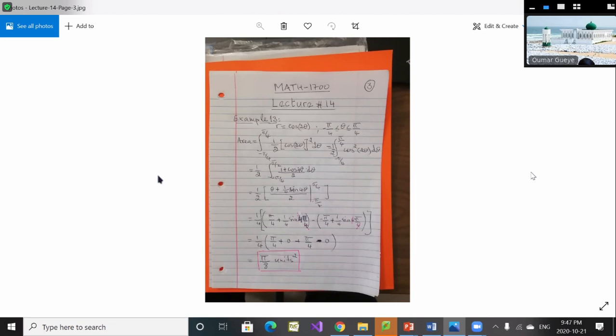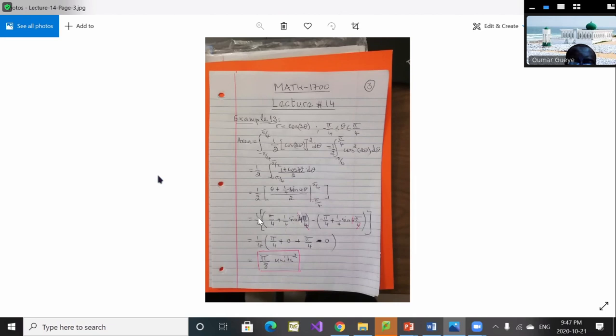Sir, how does the half become 1 over 4 in the third step? Here? Or fourth step? Fourth step. The half outside the bracket, how does it become 1 over 4?